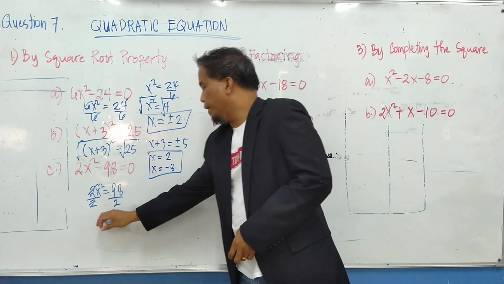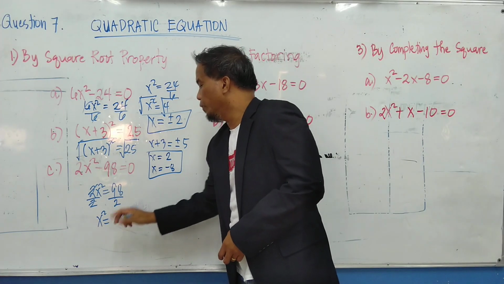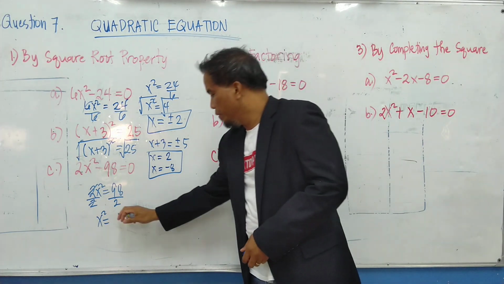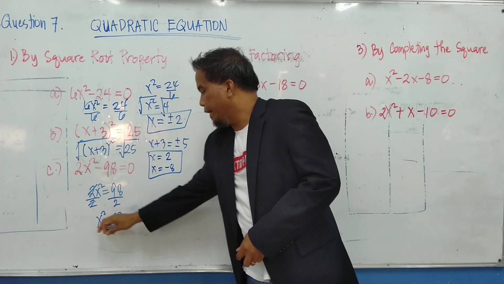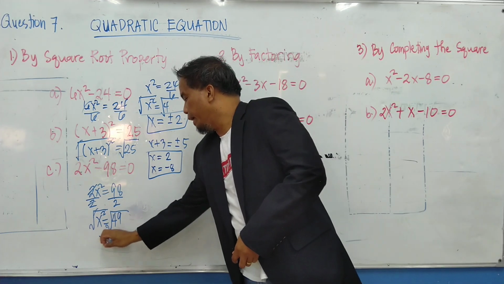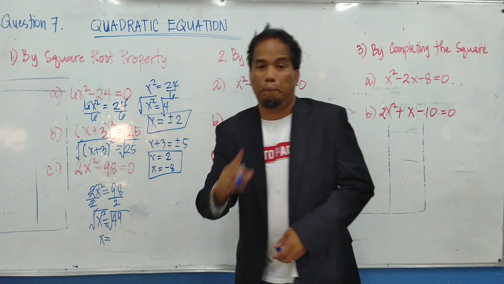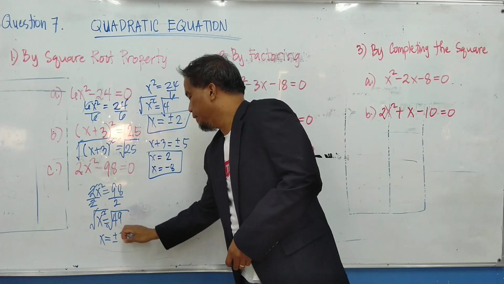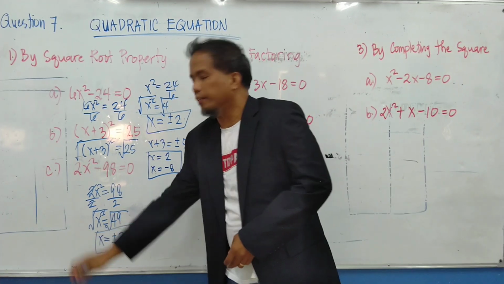Then it will become now x squared is equal to 98 divided by 2, which is 49. Then apply the square root property. Then cancel this. x is equal to positive negative 7. Okay, so this is the result.